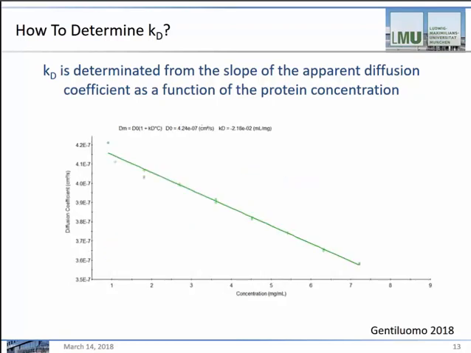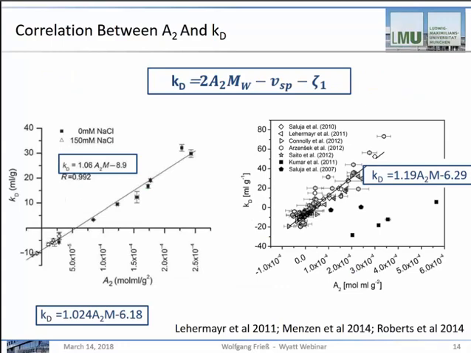Same concentration range, same antibody, different formulation. You see that the slope is negative, and a negative slope points towards net attractive interactions. Now we can use this slope, the KD, and transfer it and compare it to the standard A2 values.